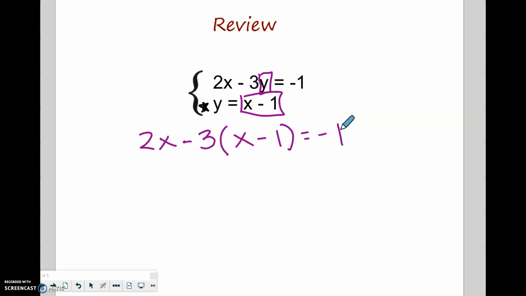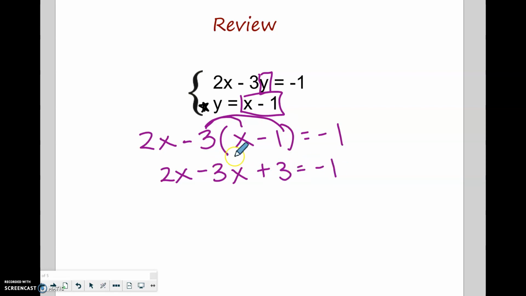So instead of an x and a y, we have just x's, which we can then solve the equation for x. So I'm going to start solving this equation. We're going to multiply times negative 3. See how it's a minus 3 in front of it? So negative 3 times x. And then I have negative 3 times negative 1, which is a positive 3.